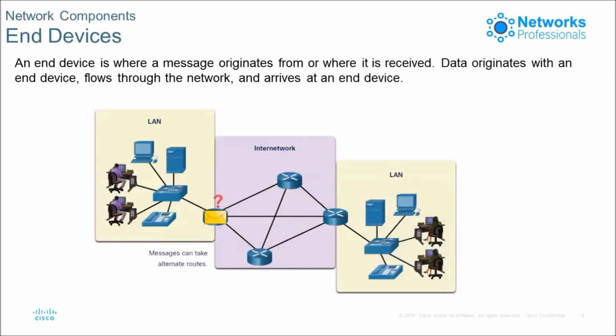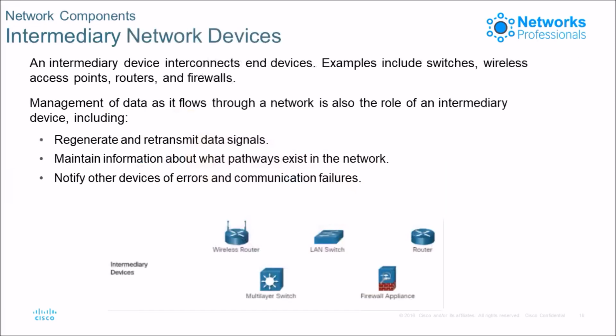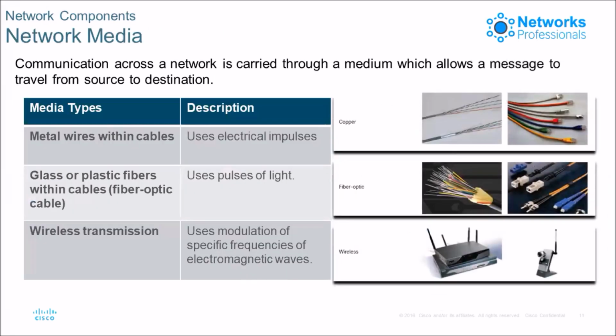And most importantly, we discussed different types of devices, like end devices and intermediary or networking devices, and also some security devices. And at the end of the previous lecture, we discussed network media, different types of medium and media. We discussed copper and fiber optic cable and some wireless media types.